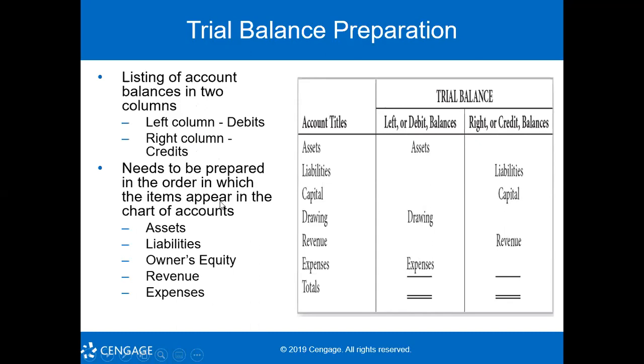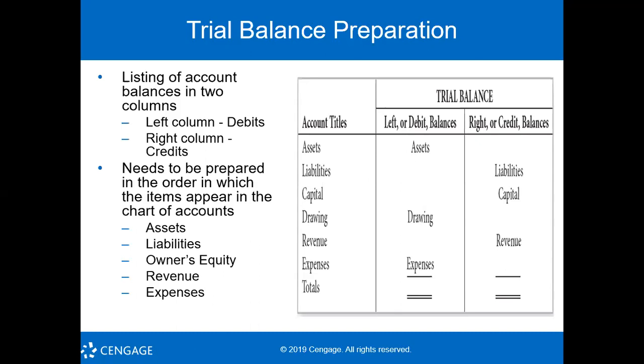And then just like it shows here, generally speaking, this trial balance is prepared in this order. So we would always list our balance sheet accounts first. The balance sheet accounts and equity accounts: assets, liabilities, capital, drawings. Those are our balance sheet or owner's equity accounts. And then revenues and expenses are our income statement accounts.